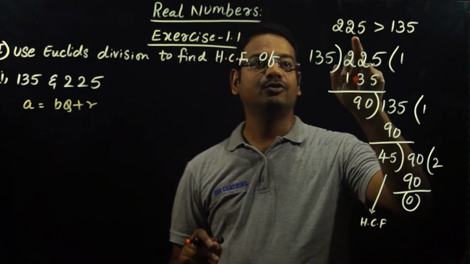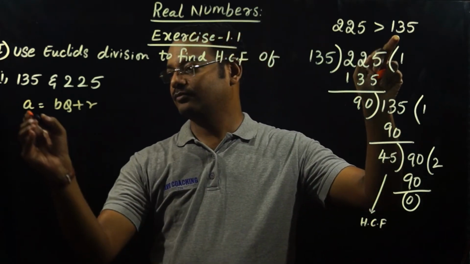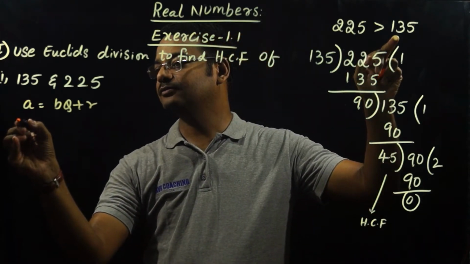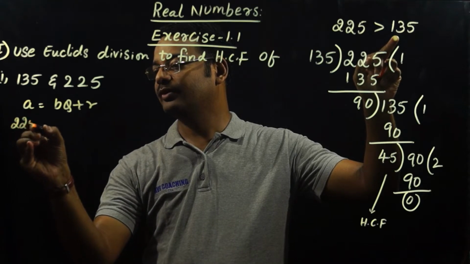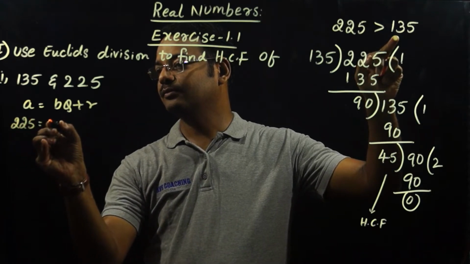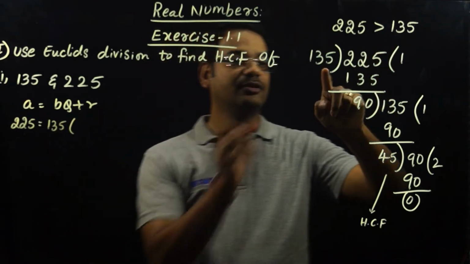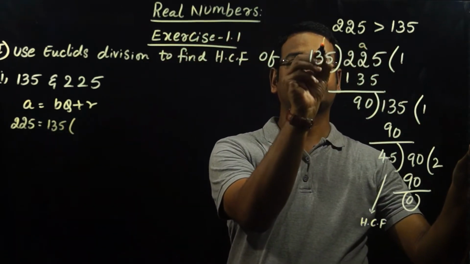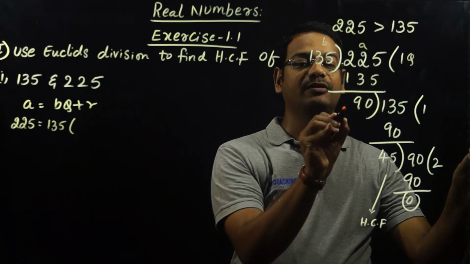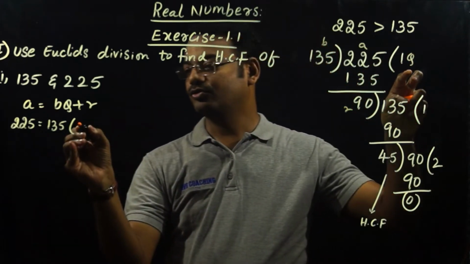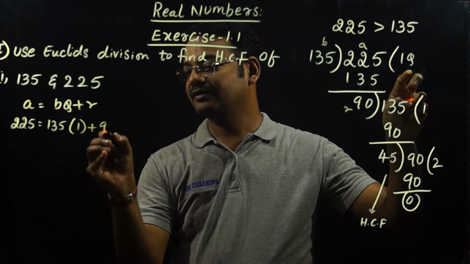Since 225 is greater than 135, a is 225, b is 135. When we divide 225 with 135, quotient is 1 and remainder is 90.